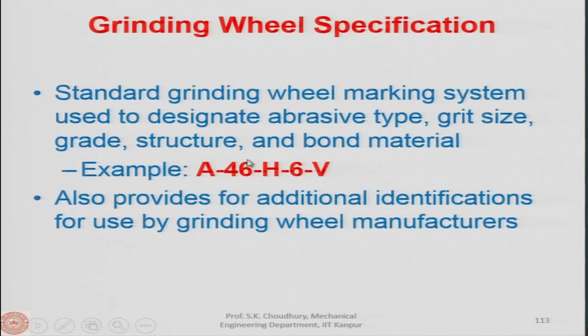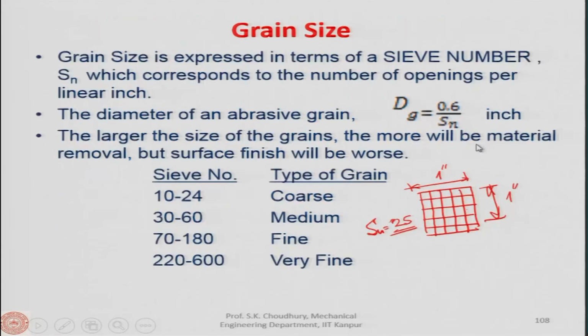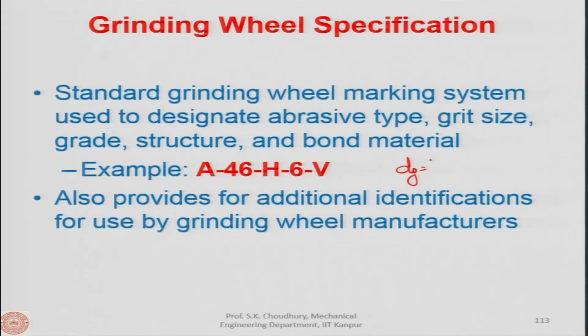The size of the abrasive grain is 46, and the diameter of the grain we can find out from here, that is 0.6 by the grain number. So, we can find out that this diameter will be 0.6 divided by 46, in inch, which you can convert to micron.